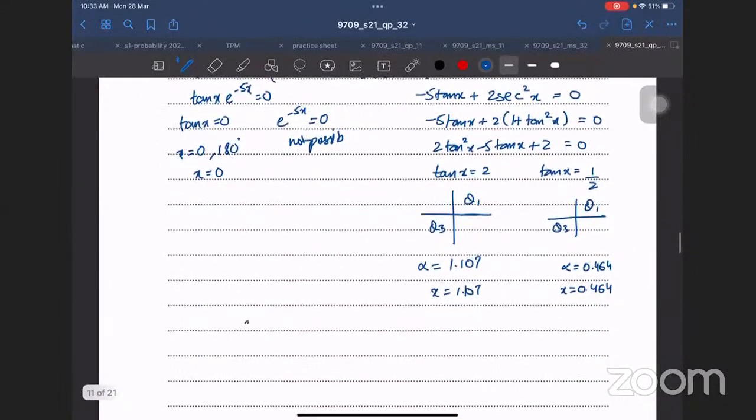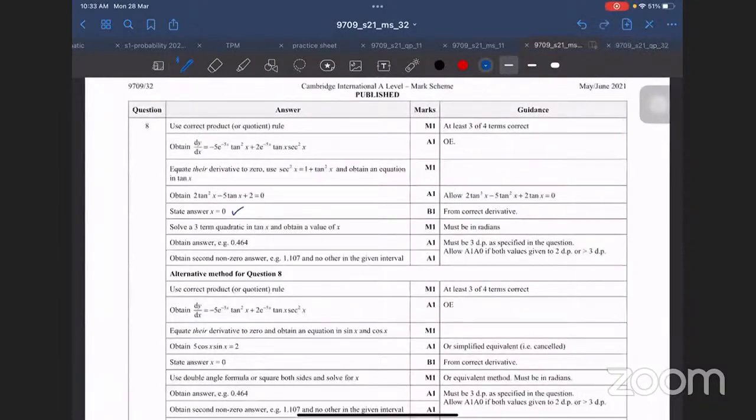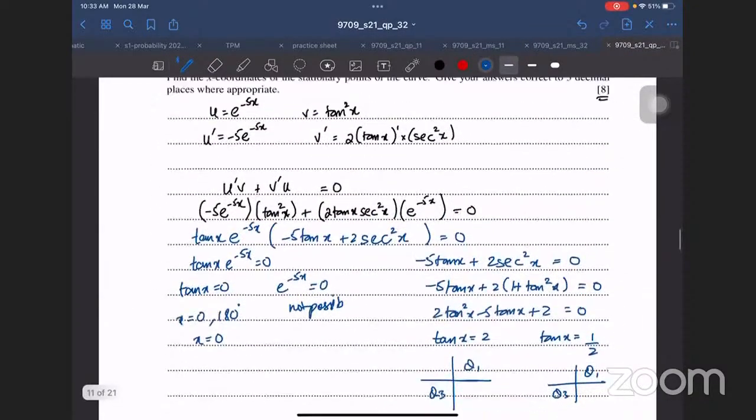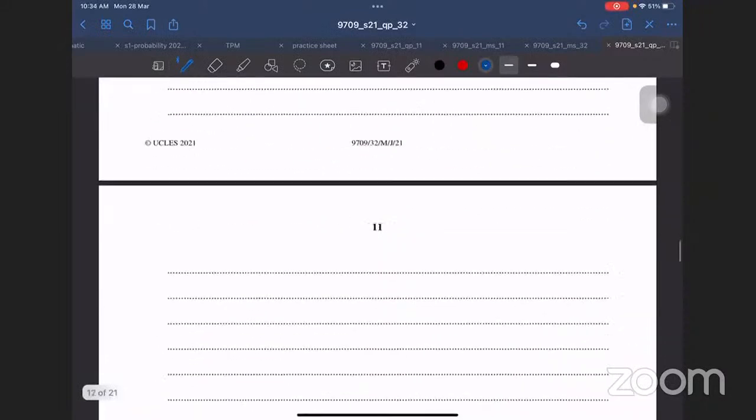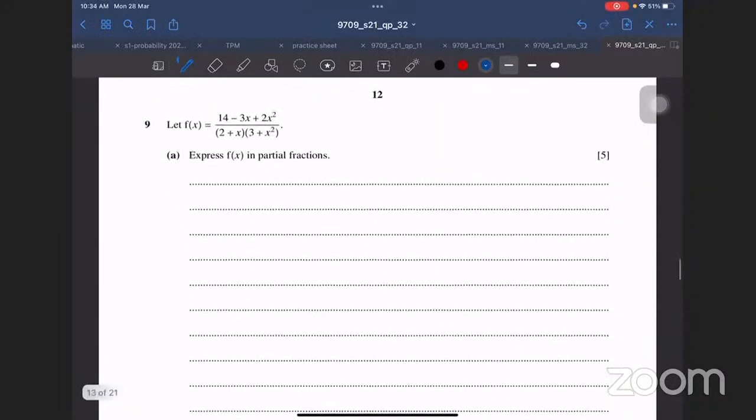So I have 3 answers: 0, 1.107 and 0.464. Let's check if those are the correct answers. 0, 0.464, 1.107. All 3 are correct. Okay, so इसीलिए इसके 8 marks थे, 1 marks इसका था और बाकी solve करने का. And lots of space, not really necessary.